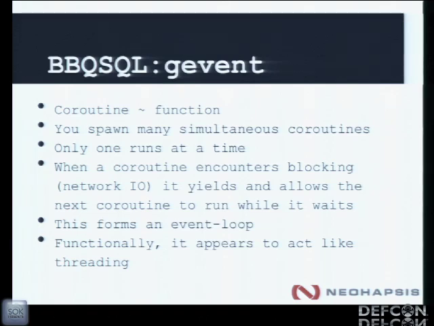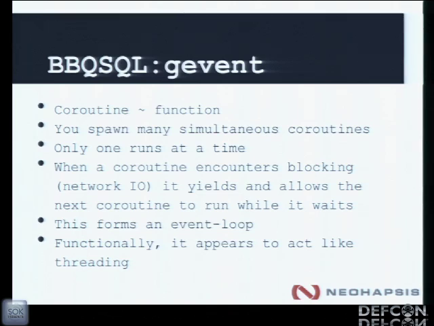Blocking is when you're trying to read and whatever you're trying to read isn't ready to be read. For example, if you're trying to read off of a socket, that's blocking I/O. If you have one thread and you're not doing any sort of event-driven stuff, when you hit blocking, the program just hangs and waits until it can read. With GEvent though, when it hits blocking, it jumps to the next coroutine, and then execution picks up there.